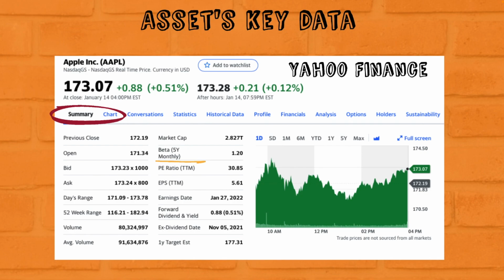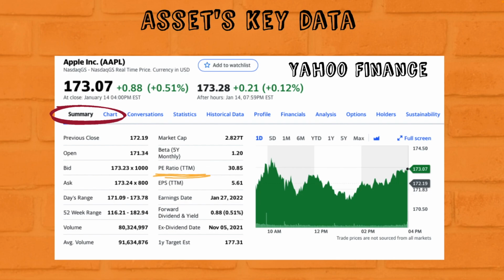If it's 1, then the change of momentum of your financial asset to the market is 1-to-1. If the number is greater than 1, it means that your stock is reacting more intensively to the market changes. And when it's lower than 1, it means that the overall changes of the market have less effect on your asset. Beta can have a wide range of values and can even be a negative number depending on the nature of the asset. In another video, we will talk about how you can use this important factor to improve your portfolio.